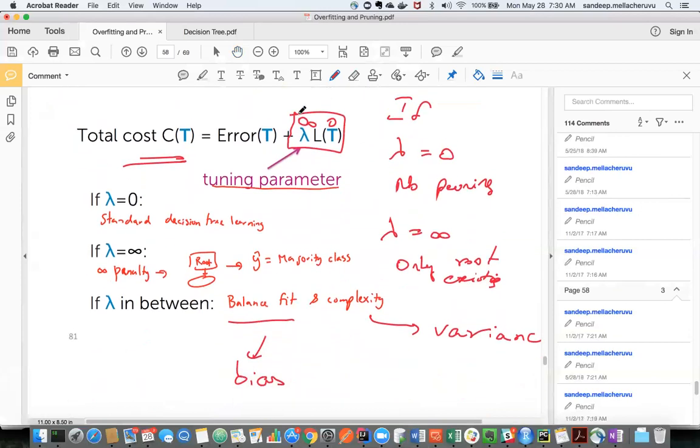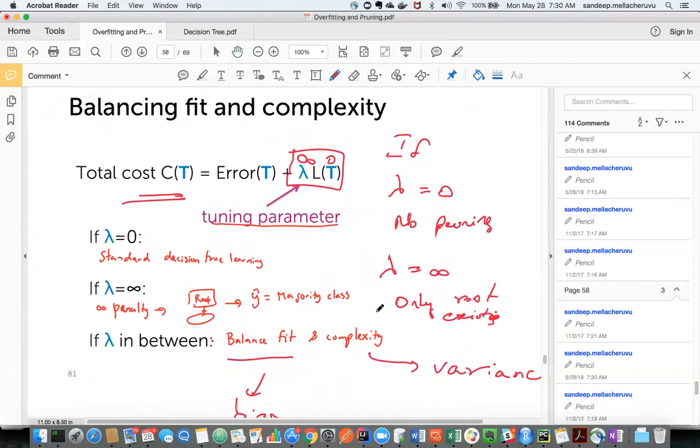So if you consider this as a variance-bias trade-off, lambda is going to do a variance-bias trade-off. How does it do that? So bias increases when your lambda is equal to 0.